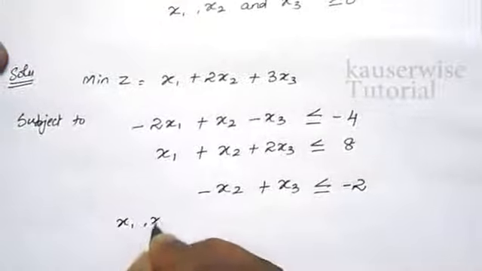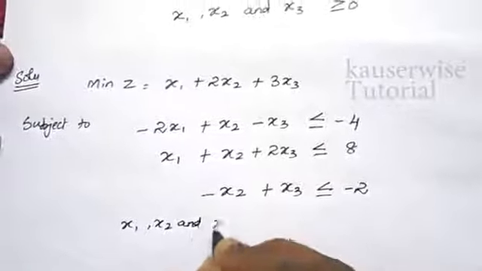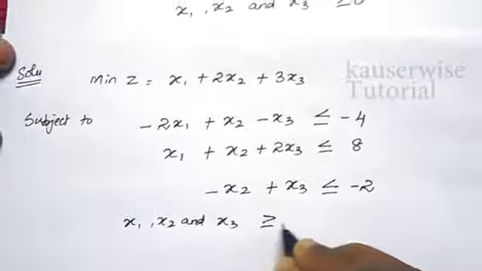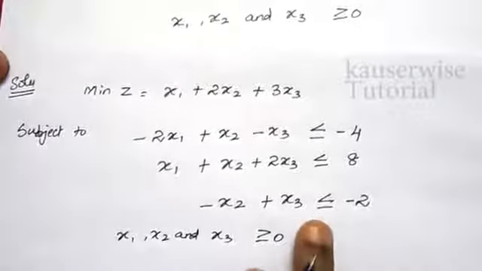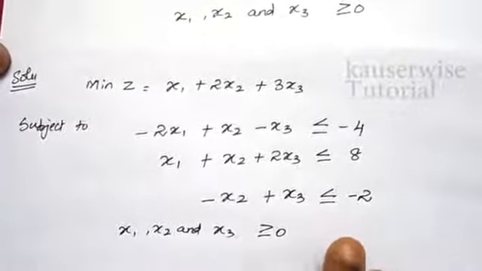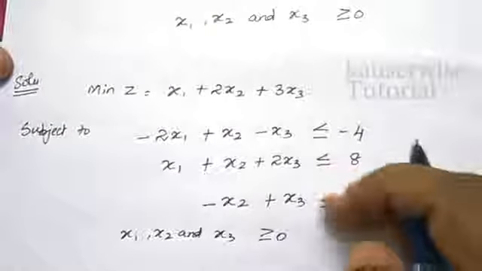So x1, x2 and x3 greater than or equal to 0. So we have converted greater than or equal to into less than or equal to type. The second step is now we have to add slack variables.